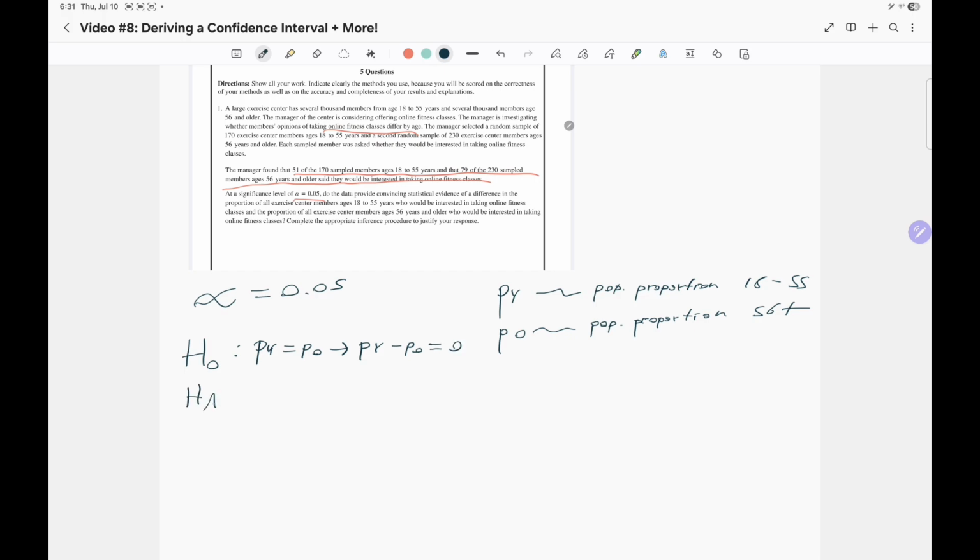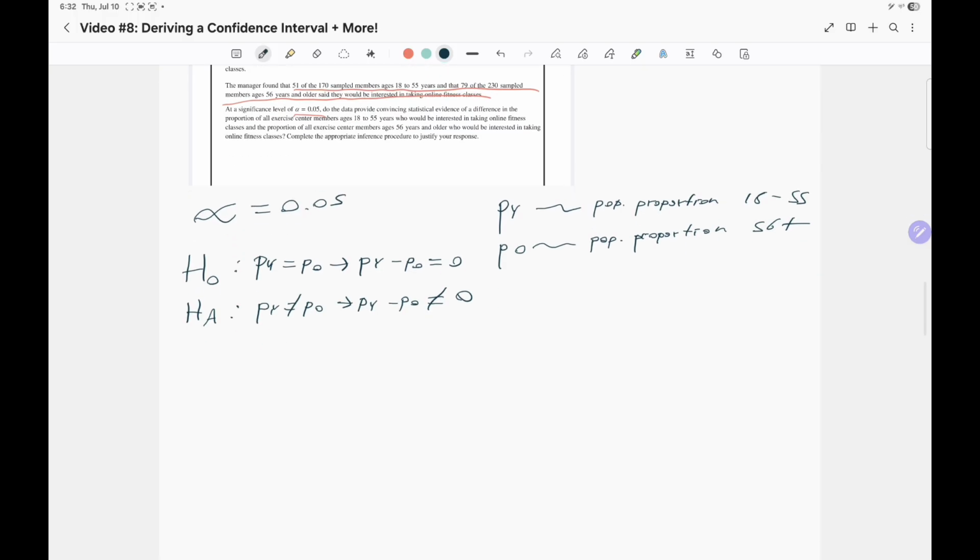And our alternative hypothesis, as they give us, is that there is a difference. So the proportions are not equal, which could be rewritten as the difference is not equal to 0. That should make sense. And so we can find our test statistic.